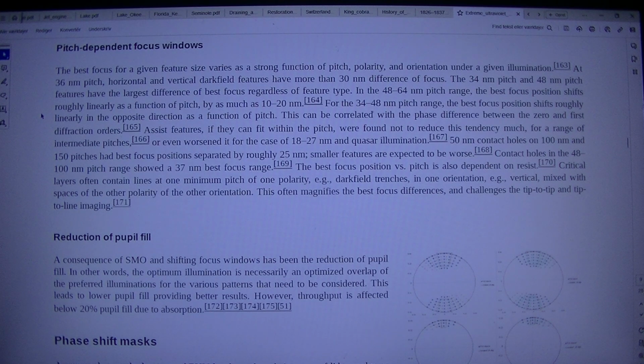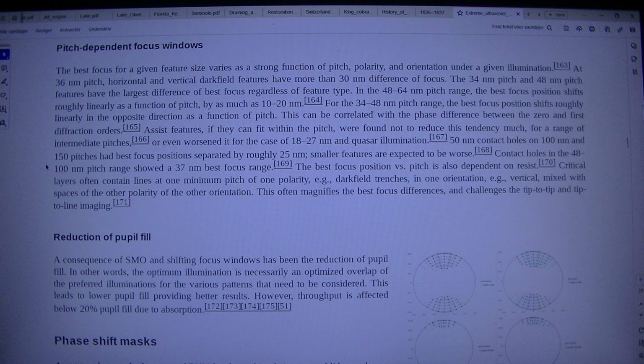In the 48-64 nm pitch range, the best focus position shifts roughly linearly as a function of pitch, by as much as 10-20 nm. For the 34-48 nm pitch range, the best focus position shifts roughly linearly in the opposite direction as a function of pitch. This can be correlated with the phase difference between the 0 and first diffraction orders.